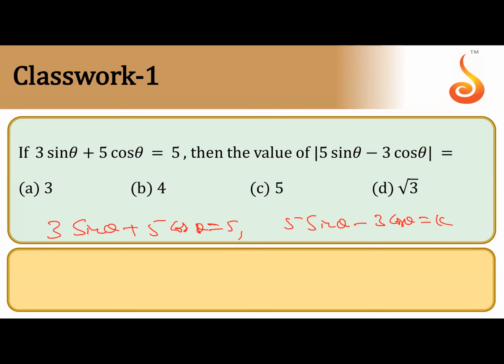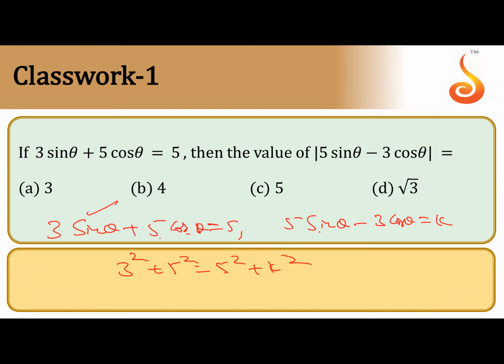Now, according to the formula, 3 square plus 5 square, just observe, here sin coefficient 3, here sin coefficient 5, which is the cos coefficient, equal to 5 square plus k square. Tell the answer. You can use the formula, otherwise you can do squaring and adding also, no problem.